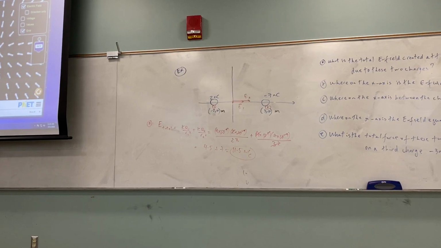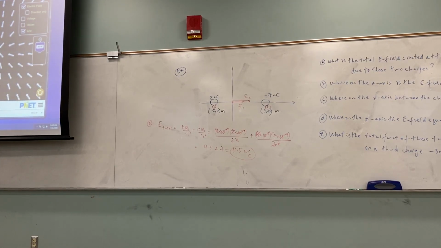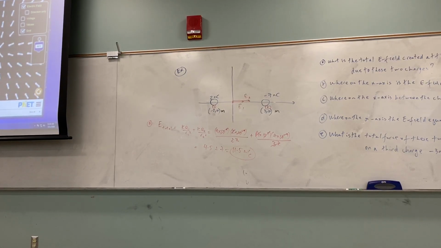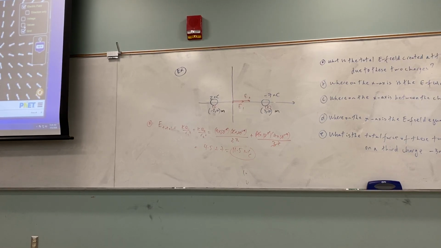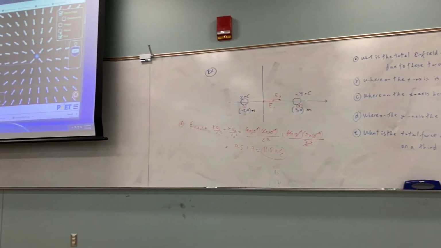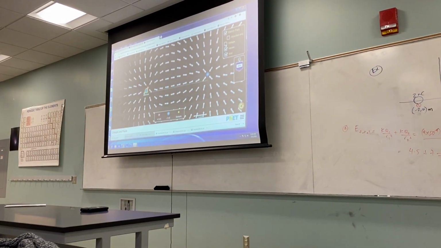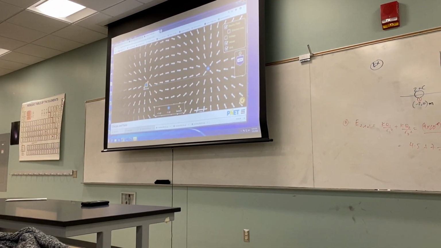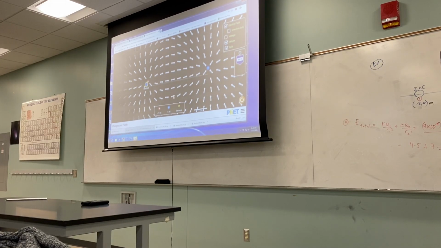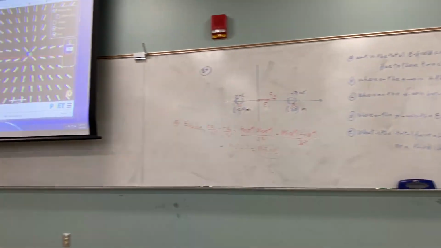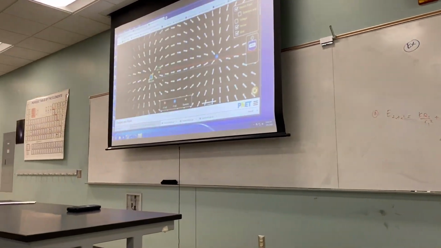So can we check that with the simulation? The good thing is, yeah, look here. Oh, look at the sensor. As soon as I put the sensor anywhere I want, it gives me the total electric field at that point. 58 volts per meter.